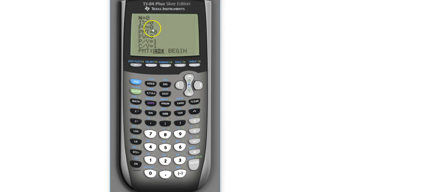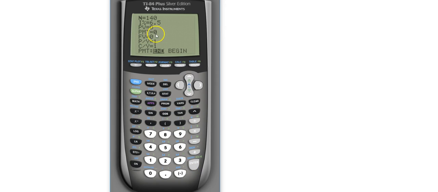We know that N is 4 times 35 because we are investing for 35 years compounded quarterly. The rate of interest was 6.5%. We don't have to change it into decimal form. Just write whatever the rate of interest is, 6.5%. Present value we do not know.